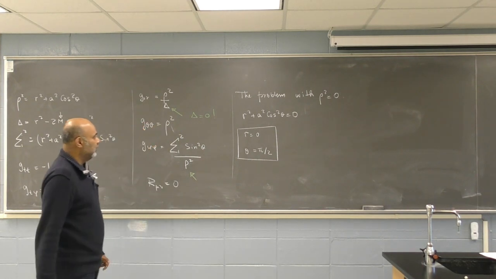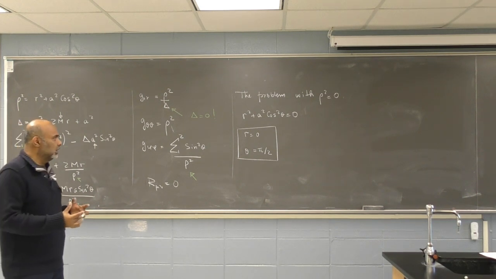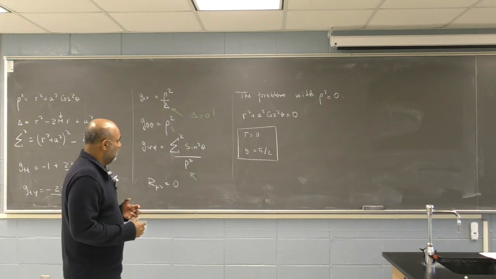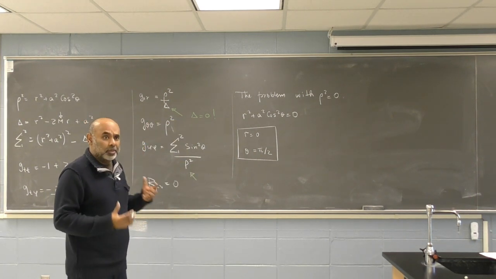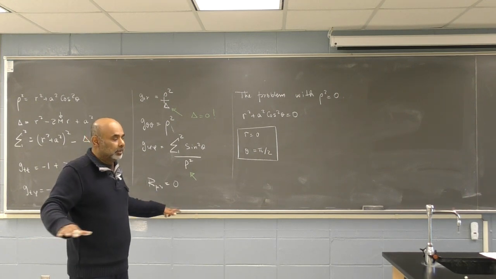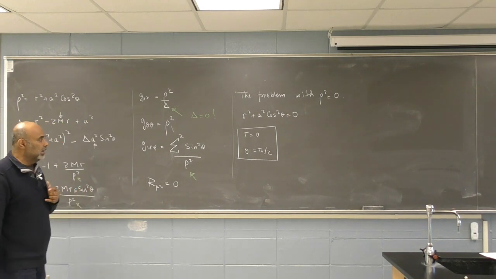That's an odd feature. R equals 0 is a spherical coordinate singularity. That seems reasonable. But r equals 0 is not a problem, except in the equatorial plane, if you will, when theta equals pi over 2. That is an odd feature we haven't really come across.